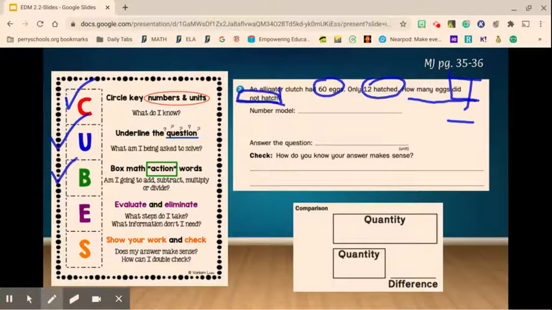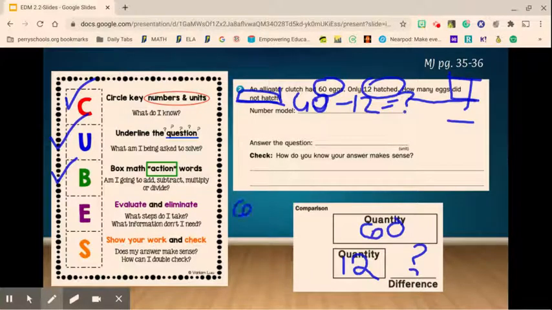If there's 60 eggs, there's not going to be magically an increase in the eggs. So I know that I'm going to have to subtract. So I'm going to use my quantity difference box. I had 60 to start with, 12 hatched, and I need to know how many are left. That's the difference. So my number model is going to be 60 minus 12 equals something I don't know yet. I am going to have to solve my work.